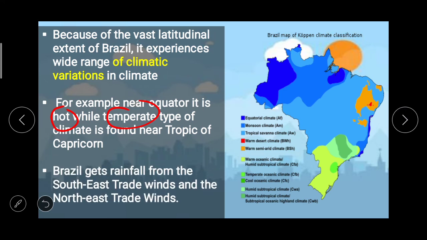Brazil gets rainfall from the southeast trade winds and the northeast trade winds. Parts of the Brazilian highlands extend up to the northern coast. The escarpments act as an obstruction to the winds coming from the sea and cause orographic type of rainfall in the coastal region.